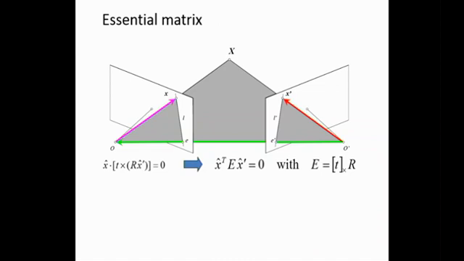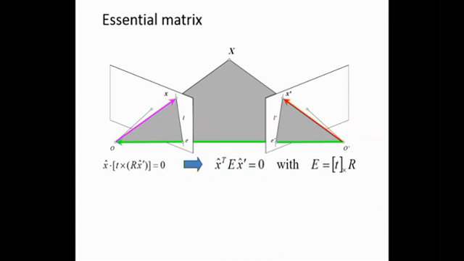So we can rewrite this into a form that's a little bit more convenient. Instead of writing it in terms of R and T, we'll write it in terms of E, and E is called the essential matrix.